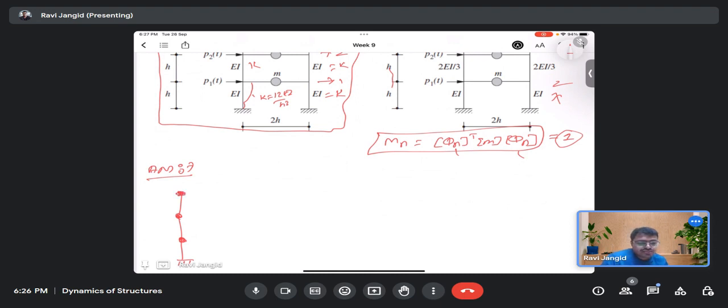I have the mass, which is M, M, 2M, stiffness is 2K, 2K, and 2K, and degrees of freedom are 1, 2, 3. Mass is m by 2, right? Yes, that is M by 2.